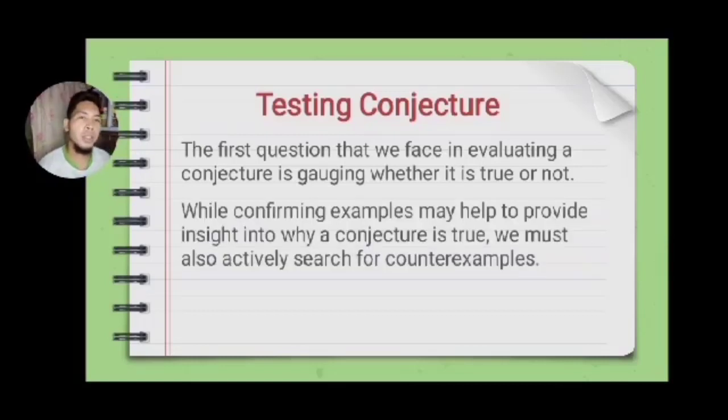And while confirming examples may help to provide insight into why a conjecture is true, we must also actively search for counterexamples. So in order to determine if a conjecture is true, we must also search for counterexamples.